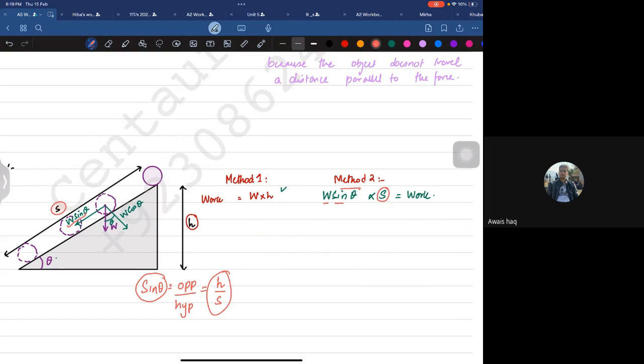Okay. If I do that, then kids, check it out. There's W times, instead of sine theta, I'm writing h over s. There's already one s right here, which is being multiplied, and it is equal to work done. So s and s is going to cancel out. What are you left with? W times h, and that is the same thing as method 1. Get it?